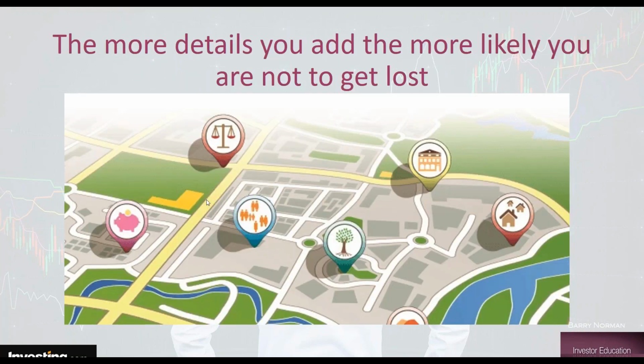Okay. Now, the fact is, the more detailed information you put on your chart, the more likely you're not going to get lost. So if you remember right, before we had GPS, we had maps. And before I'd go to a meeting across town, I'd find out how I'd have to get there. Now, I was pretty lazy.